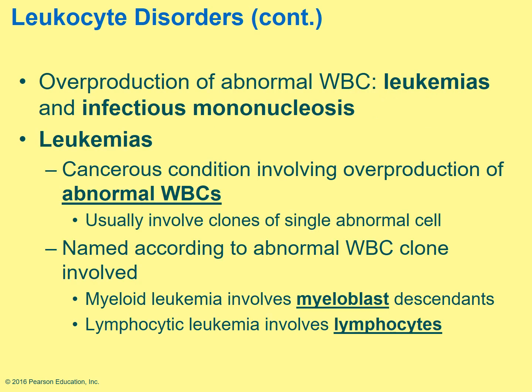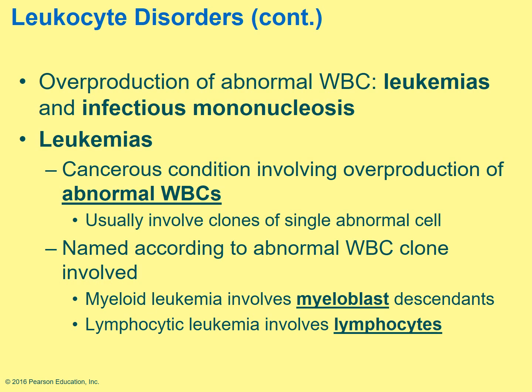Overproduction of abnormal white blood cells ends up with leukemias and infectious mononucleosis. Leukemia is usually cancer that's producing too many of your white blood cells that are abnormal. It can depend on which specific type of leukemia, which type of cells.